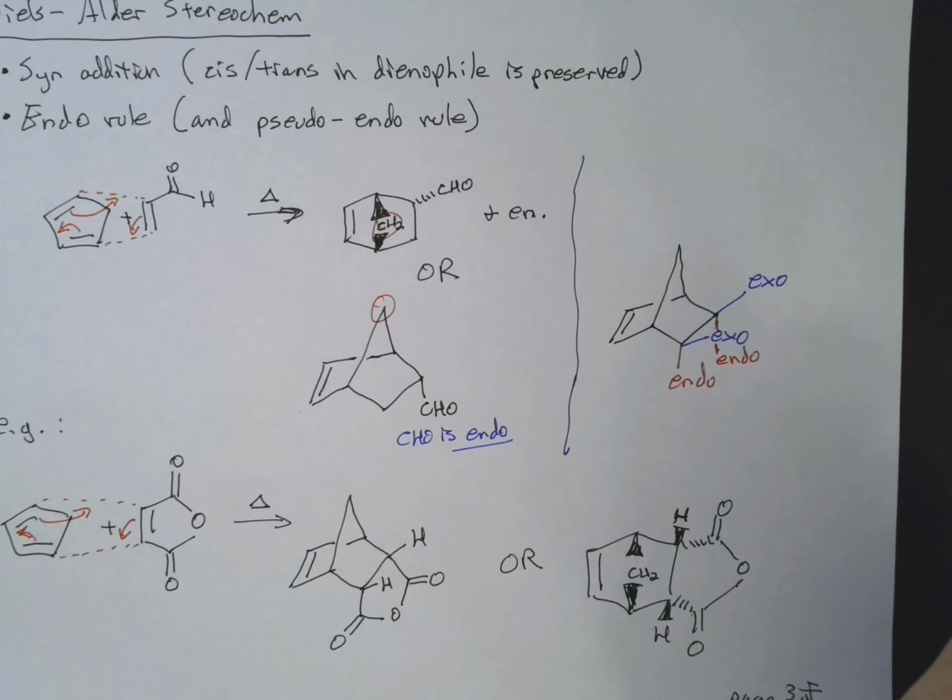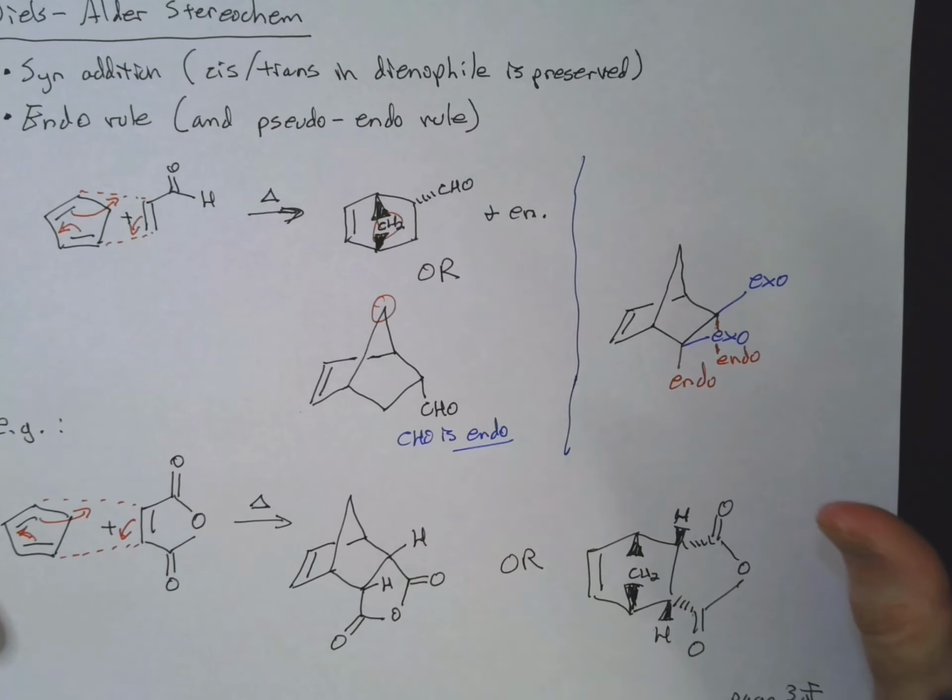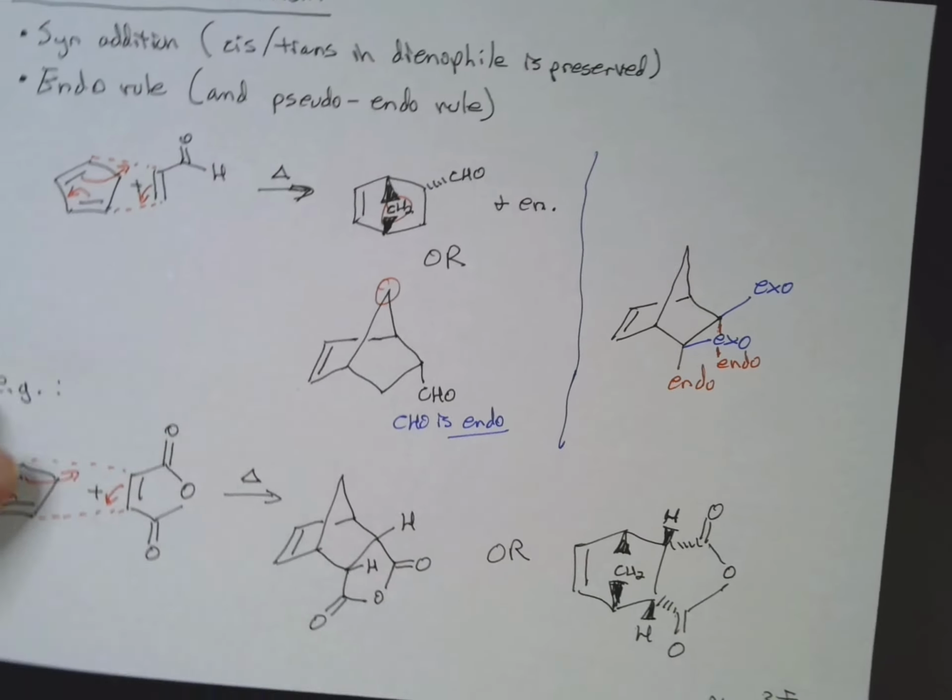Now, if you're really interested in the Diels-Alder reaction, and you look up some stuff, you may find that the endo rule is not necessarily a hard and fast rule. We, however, are going to treat it as such. Okay, for the purposes of this course, it's best to just say we always get the endo product. It actually turns out that depending on what your electron withdrawing group is, you may get some exo product.